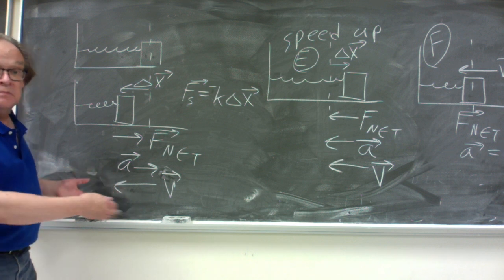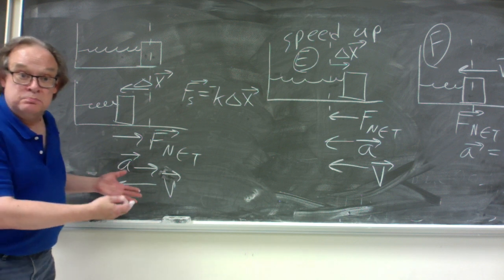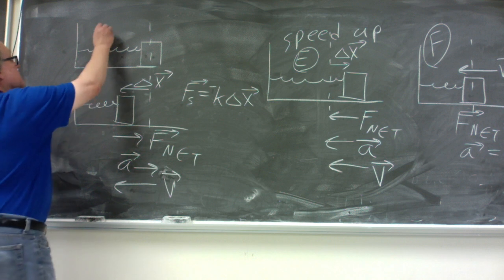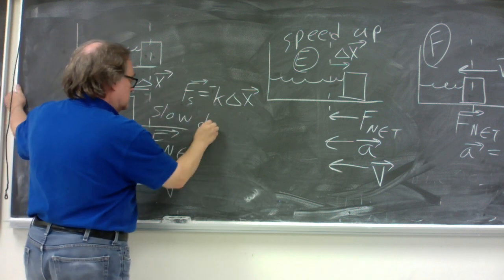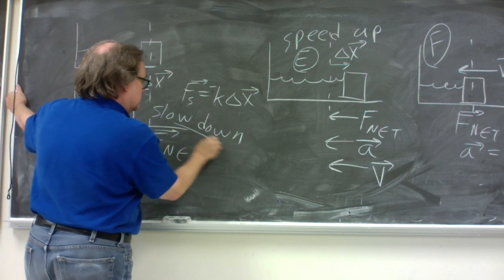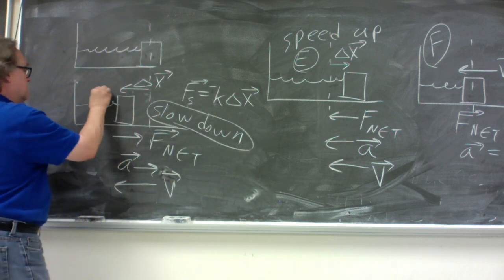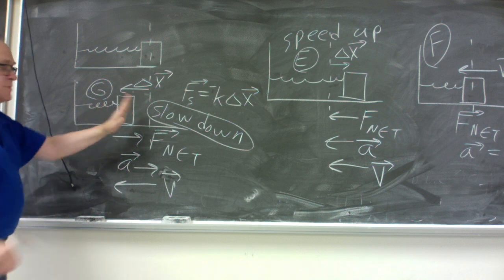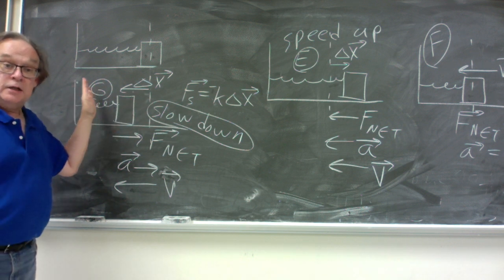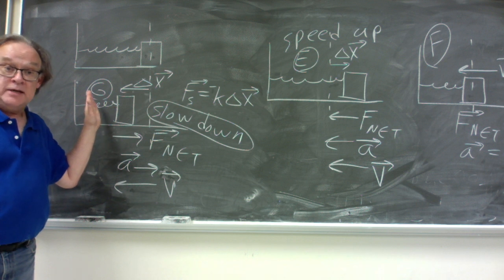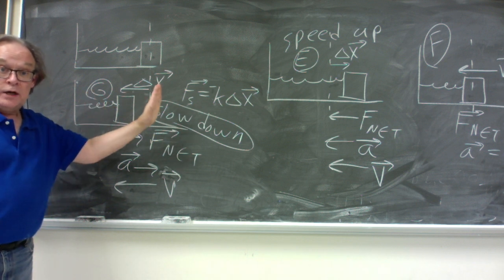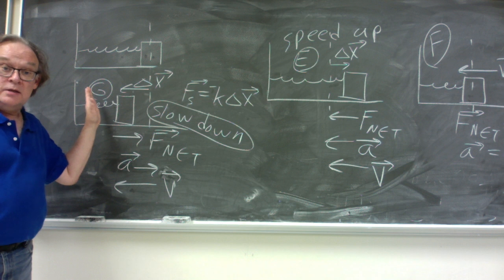In other words, it keeps on moving to the left, but it's moving slower. So it keeps on moving to the left, but slows down until it eventually comes to a stop, and then it's in exactly the same state as it was at the beginning when I first squeezed the spring and then let go.